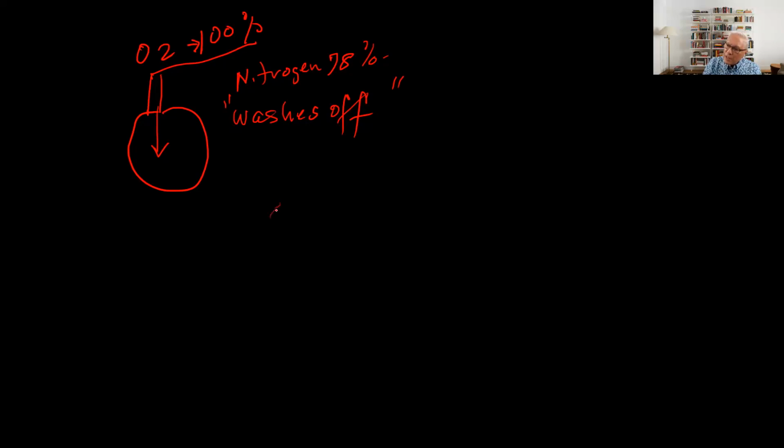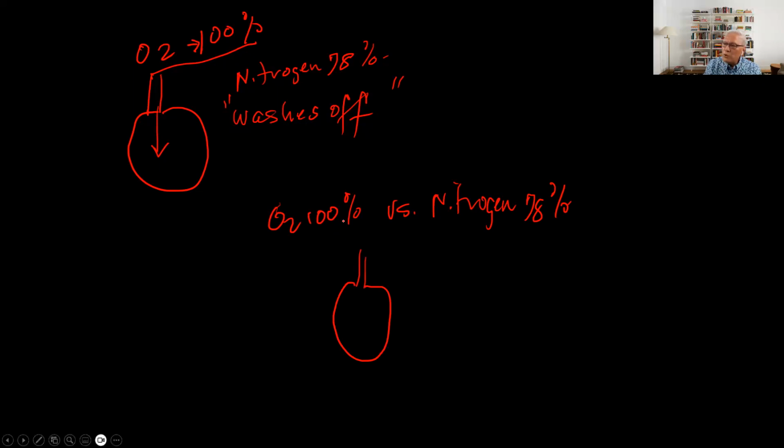So this is oxygen at 100% versus nitrogen, which is 78%. So this is the alveoli. Which one would go, oxygen or the nitrogen? This is stronger. So the oxygen is going to come here and the nitrogen is going to be washed off. And therefore, when you don't have nitrogen in the alveoli, what's going to happen to the alveoli?